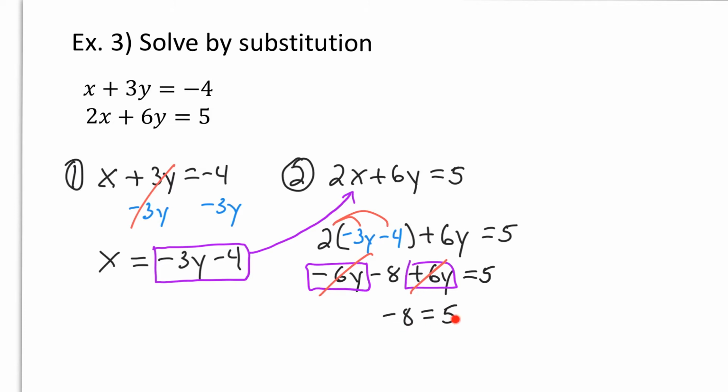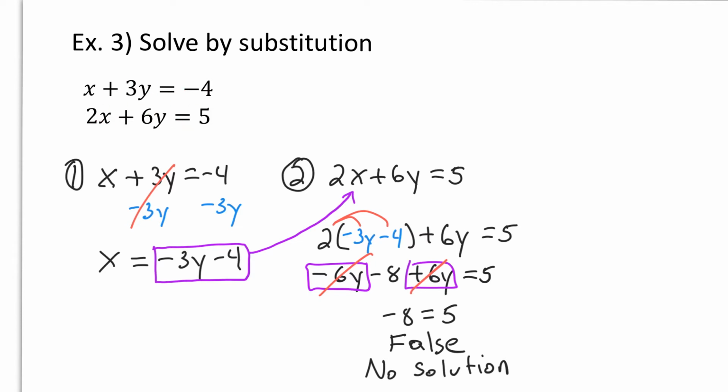Notice we don't have a variable anymore. There's no x, there's no y. So now you have to ask yourself, is that statement true or false? False. This right here, -8 equals 5, they're not the same number. So when the variables cancel and you get a false statement, we say the answer is no solution, which means if you graph these two equations, the lines will be parallel.